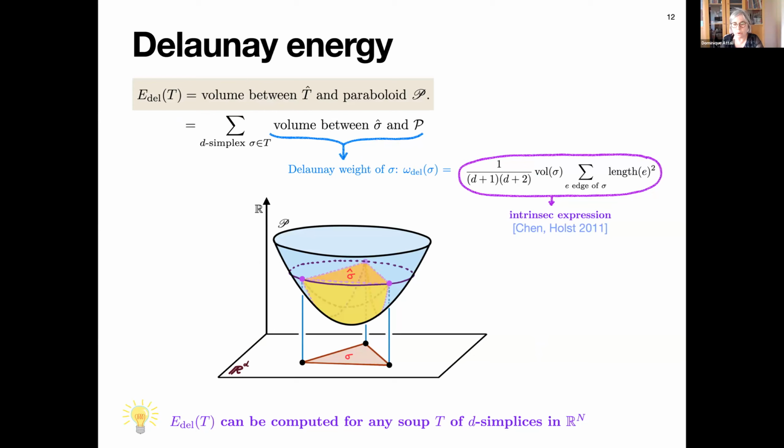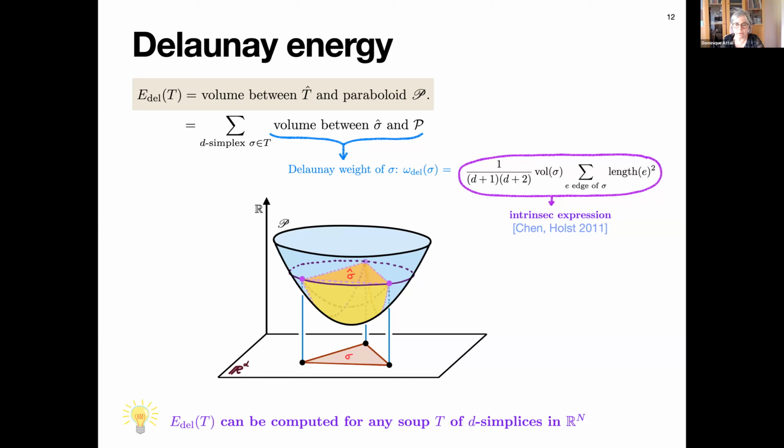And this Delaunay weight, this volume, has a nice intrinsic expression that was obtained by Shen and Host in 2011. And this expression depends upon the dimension, d, the volume of sigma, and the length of the edges of sigma.